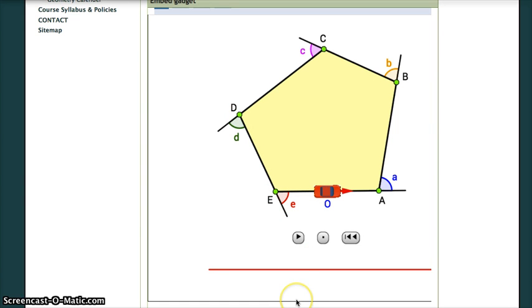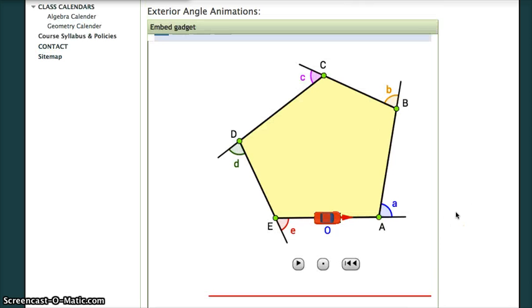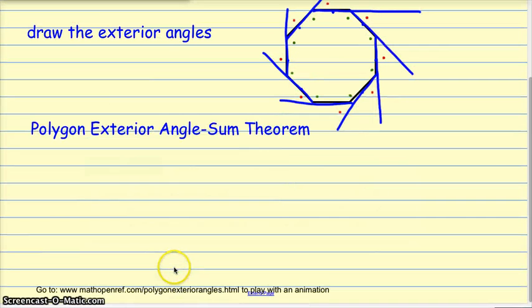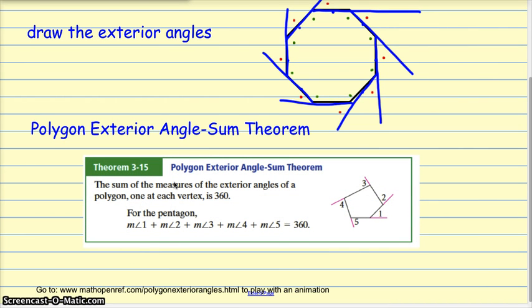The exterior angle theorem says that all of them add up to 360, because you're going around the outside. So the sum of the measures of the exterior angles of a polygon, one at each vertex, is 360. The example given is for a pentagon, meaning that it has 5.